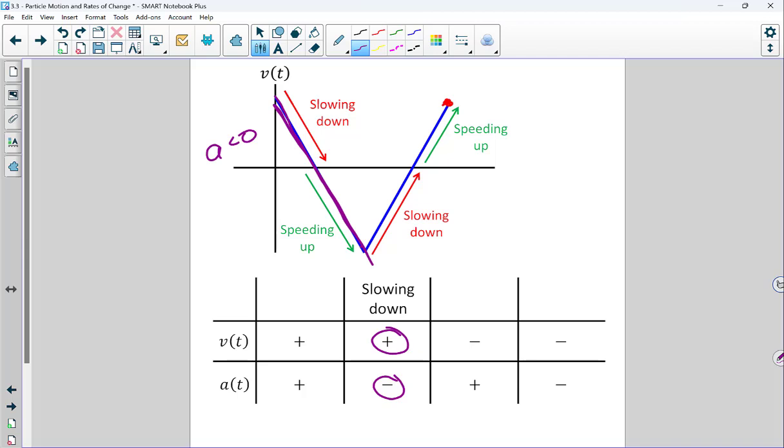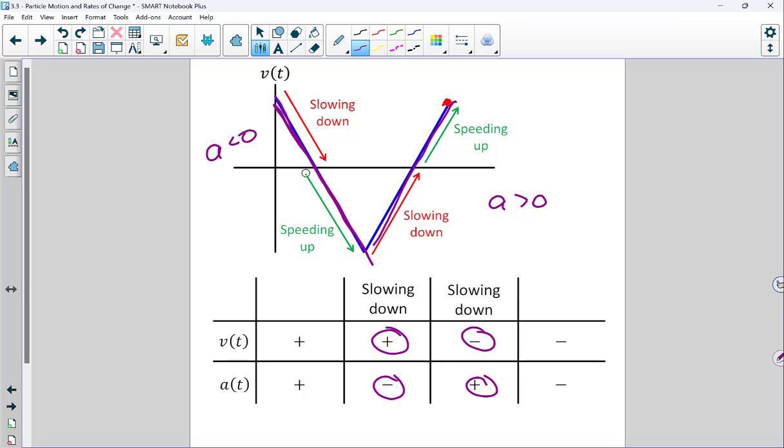Likewise, here the acceleration is positive because the velocity function is increasing. Down here, the velocity is negative, yet the acceleration is positive. So we're also slowing down.